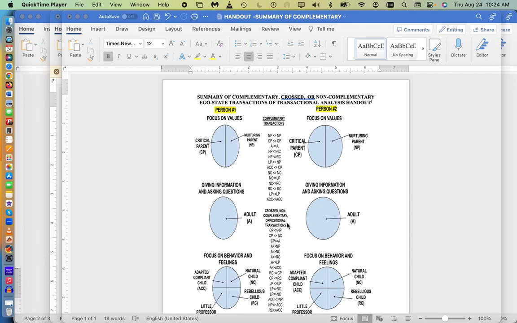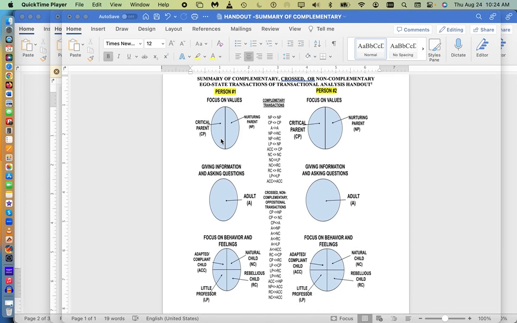We can share our negative values from our critical parent. And we can share our positive values in our nurturing parent. We can share our feelings and our actions in the 4 child ego states, which are depicted here for person number 1 and person number 2.